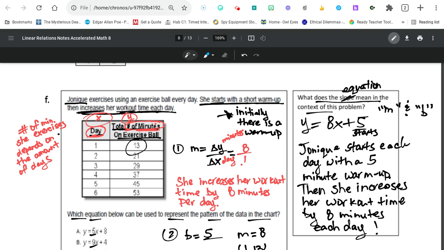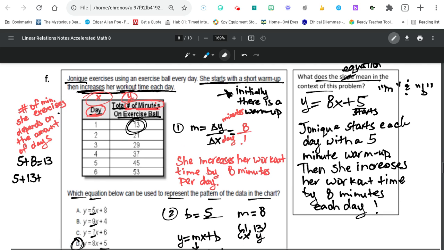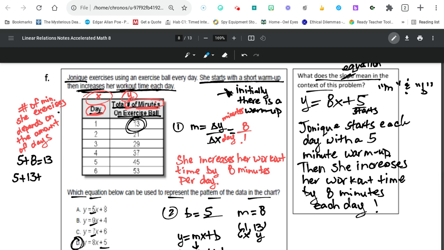For 13 on day 1, that means she started with a 5-minute warm-up and then she increased it by 8. On day 2, she started out with a 5-minute warm-up, and she increased 13 by 8 again. So that would be, now make sure I get this right, 18.